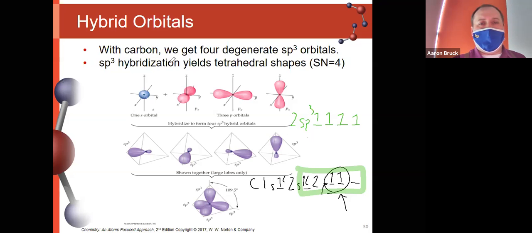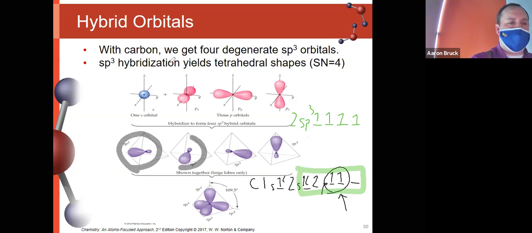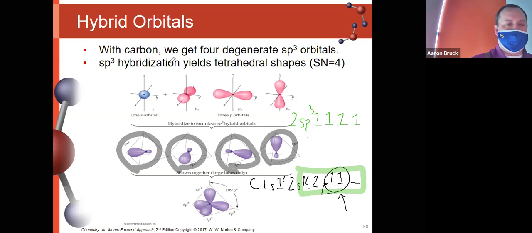And so my hybridization occurs, I get 4 lobes, which when I add them all together, give me this shape where all of the hybrid orbitals are 109.5 degrees apart. We call that tetrahedral.